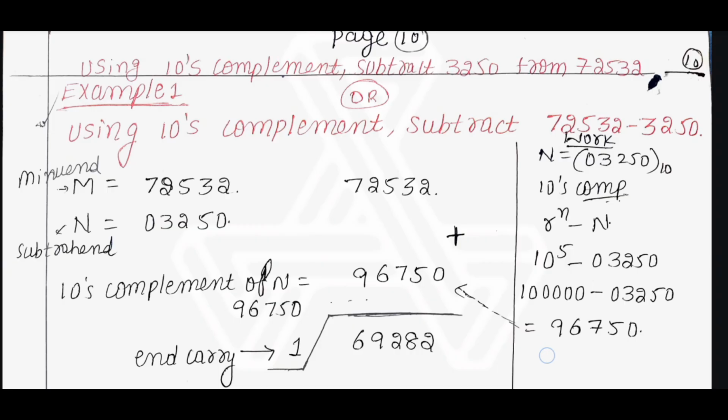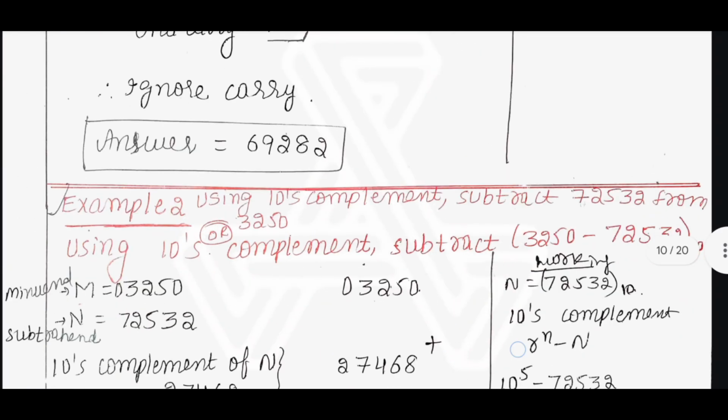Then we add 72532 plus 96750, we have 169282. The end carry is 1, so we need to get only 5 digits. Ignore the carry. The answer is this.